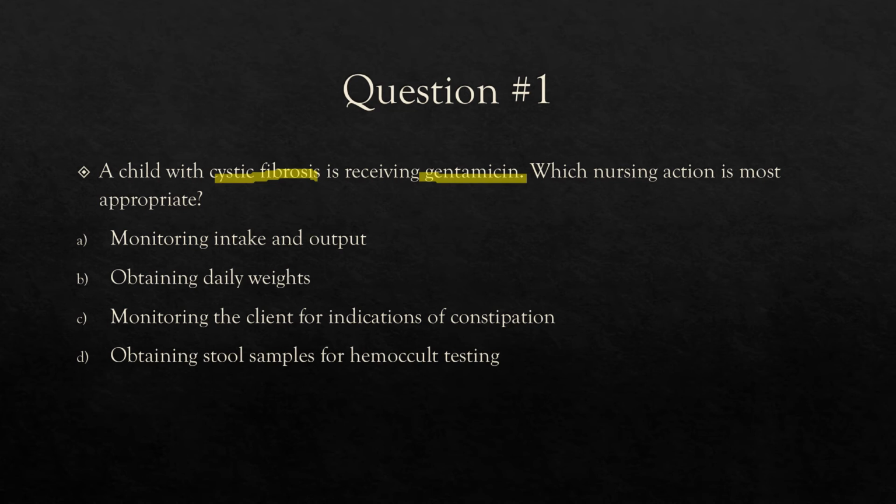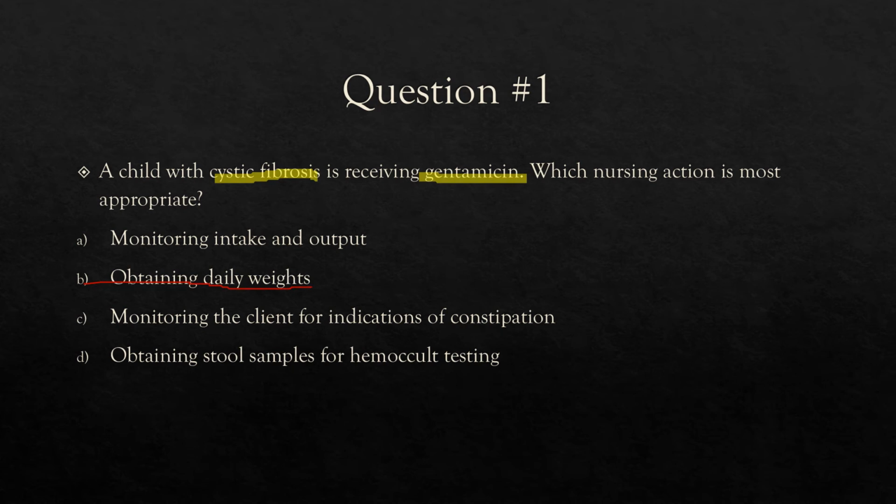Now, when I look at B, the first thing that pops up in my head is CHF, fluid retention, cardiac. And I know that cystic fibrosis and gentamicin really don't fall in that category. So I would go ahead and mark B out.